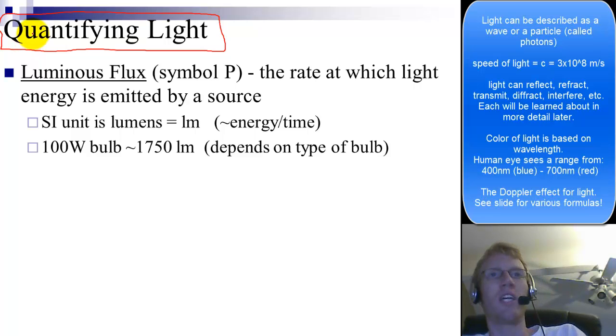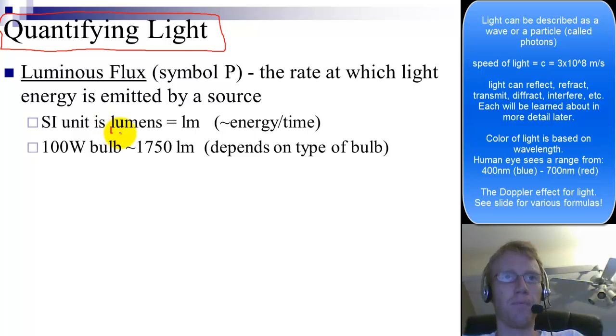And so we can quantify this using the SI unit, lumens. So lumens are the amount of light energy per time. Now, a lumen is not the same as a watt. A watt, remember, is also energy per time, and a watt is joules per second. So lumens are not watts, but they're kind of like watts.